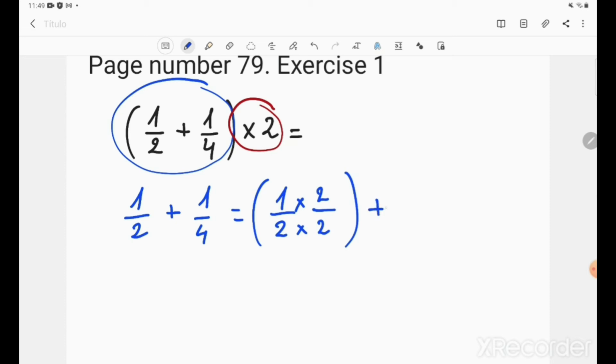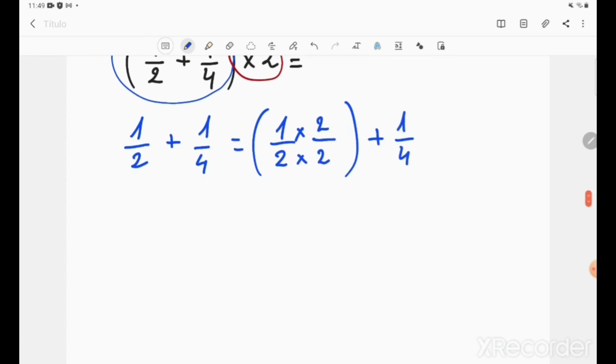And then here is the addition. 1 multiplied by 2 equals 2, and 2 multiplied by 2 equals 4. Okay, here it is. So now we can continue.